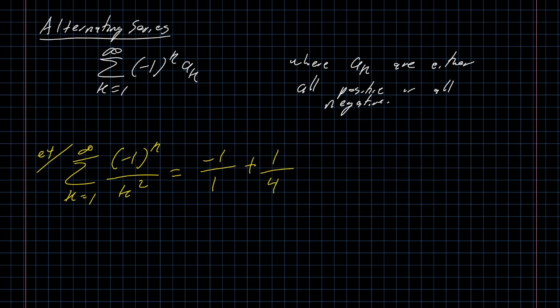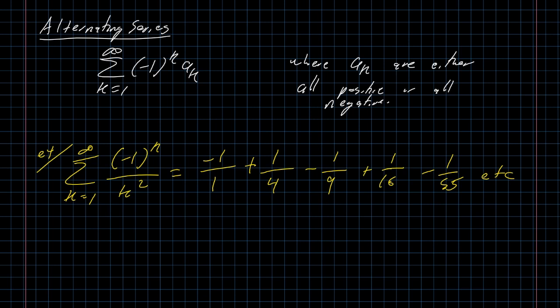And then when I plug in k equals 3, I'm going to get negative 1 over 3 squared, which is 9, plus 1 over 16 minus 1 over 25, and so on and so on.